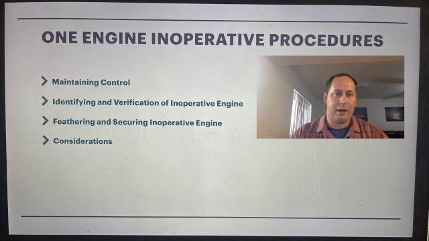So to identify and verify our inoperative engine, I'm going to read right off of my checklist. We're going to go ahead and, again, maintain directional control, pitch attitude, and airspeed. For us, we want to maintain our blue line, and that's going to be 82 knots.